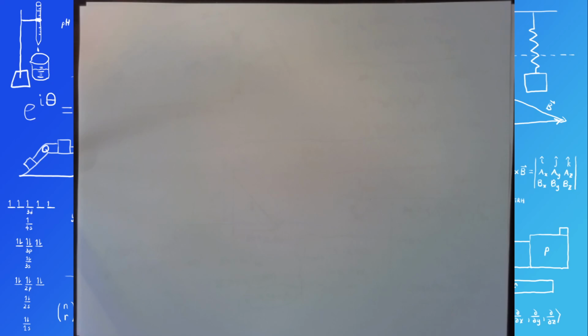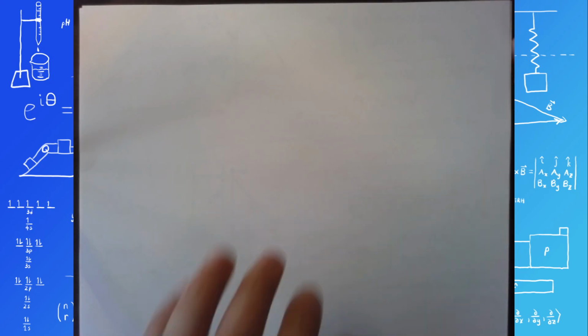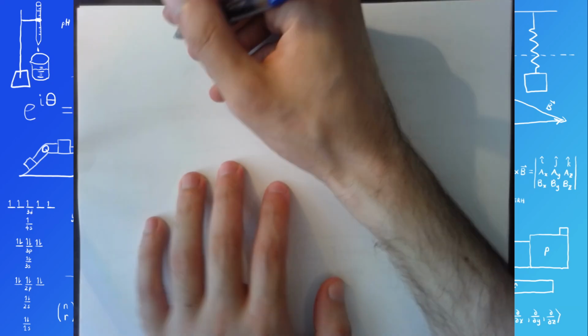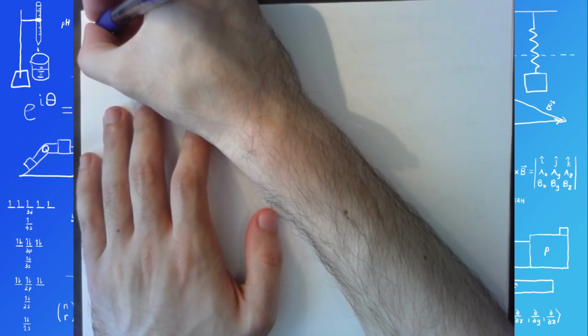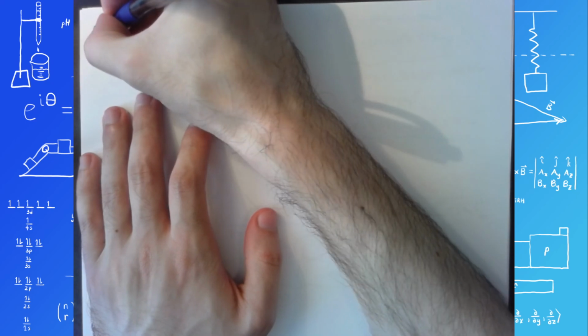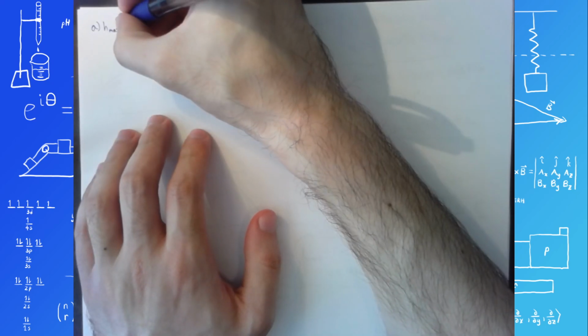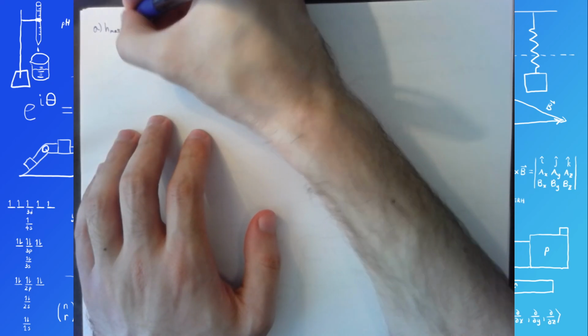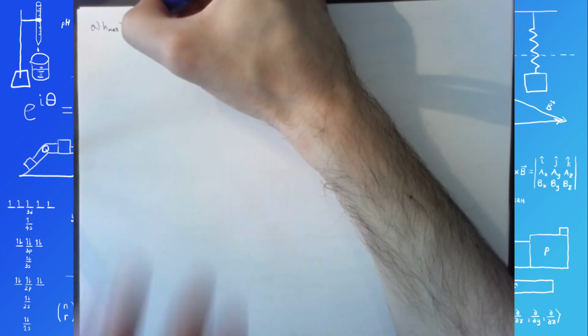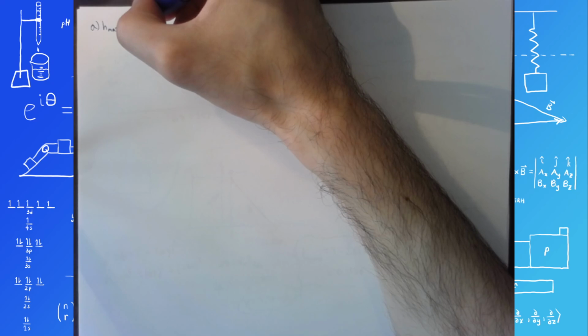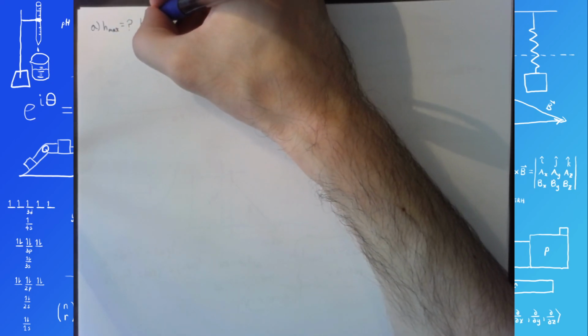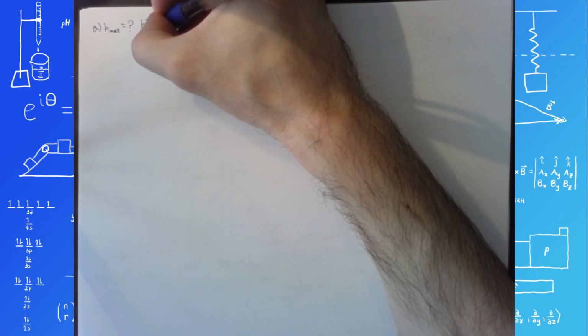So we need to find maximum altitude, also known as maximum height. So we need to find H max or Y max, if that's what you prefer to call it. Total time of flight, so I guess we'll call that just the hang time.